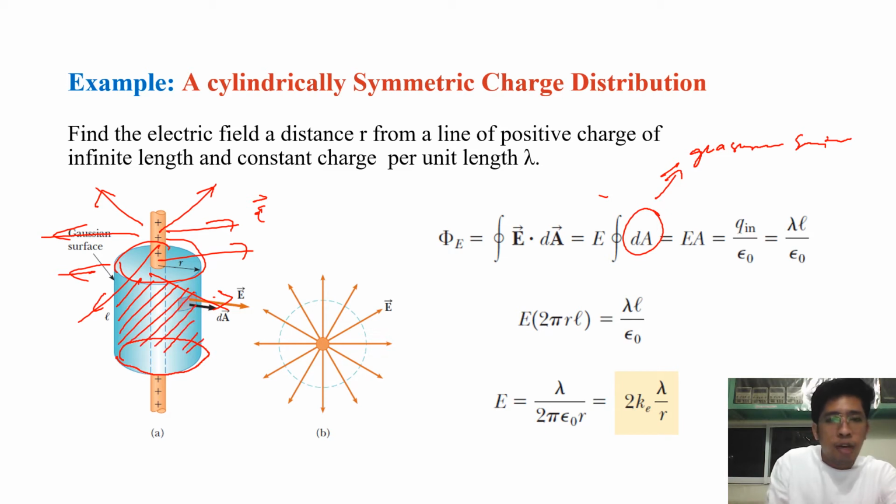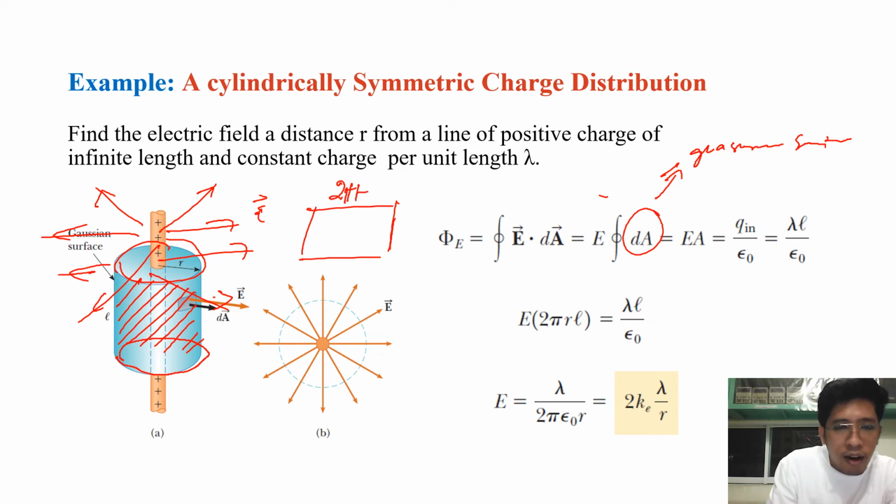The area of that one, if you break it out, is just a rectangle that is folded to turn into a cylinder. The length of one side is 2πr, for this circle here, and the other length is L. So that is the area.